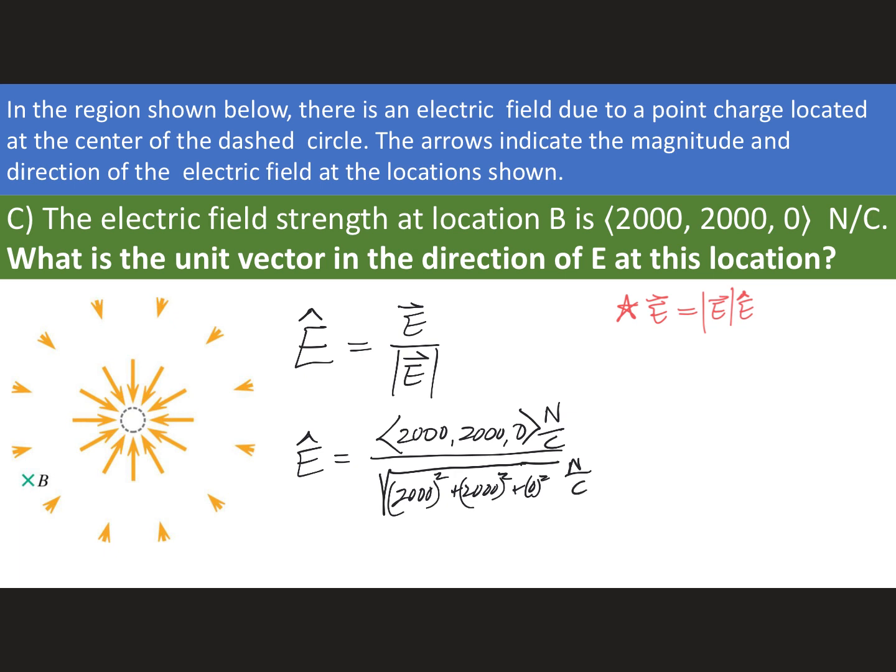Also some number of newtons per coulomb. That's why unit vectors have no units. Bad name. And hopefully you recognize, oh, that's just root 2 over 2, or 45 degrees, because that must be what we're dealing with in this frame here, just as much up as it is out, or across rather. So there's our unit vector.